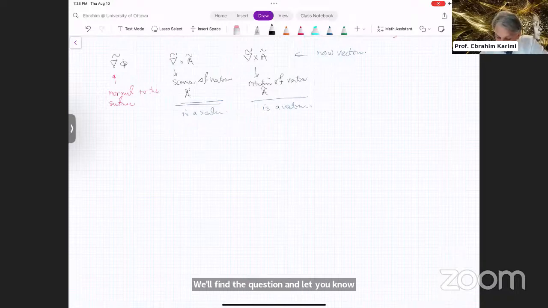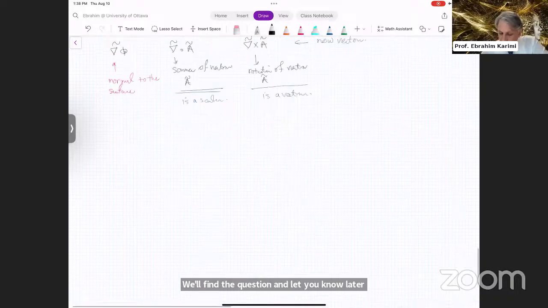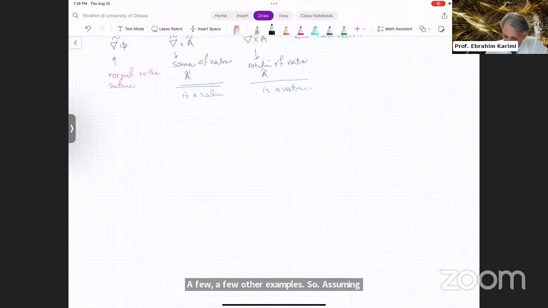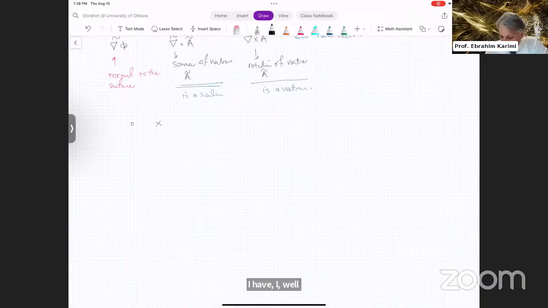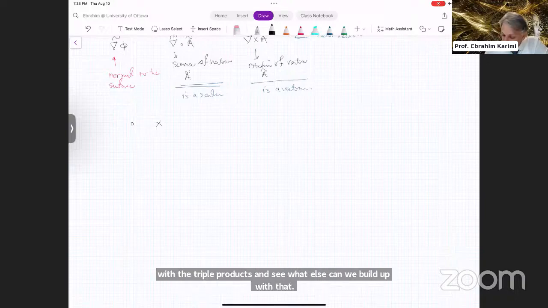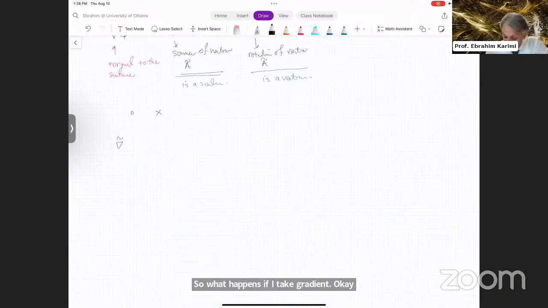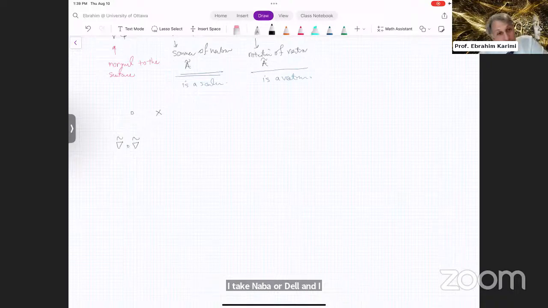Thanks a lot. So let's do a few other examples. Assuming now I have dots, I have cross. Now let's go with the triple products and see what else we can build up with that. So what happens if I take the gradient, take nabla or del, and do a dot product with itself?